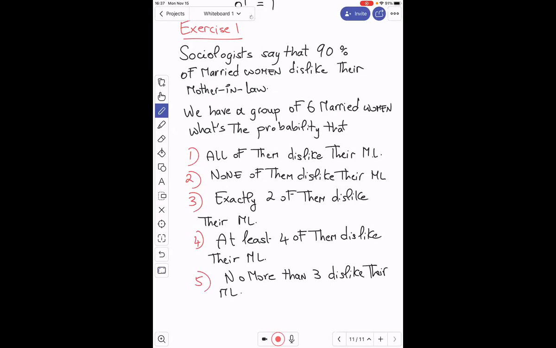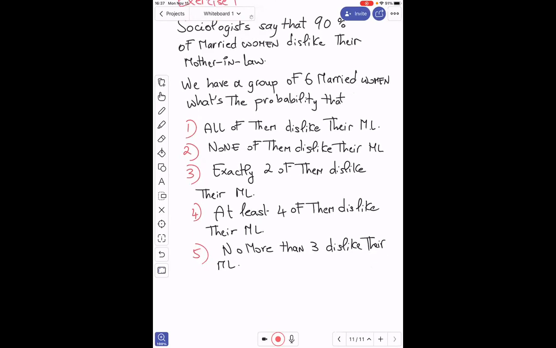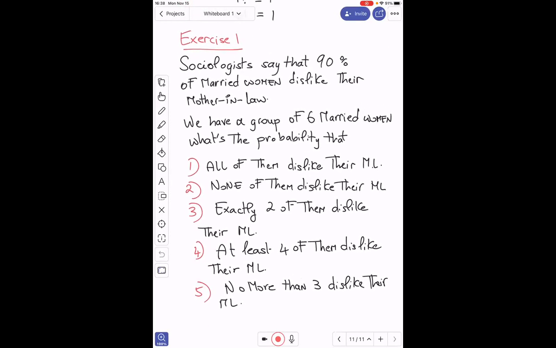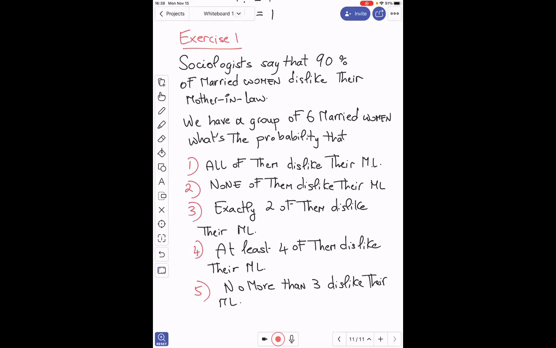Okay. So yeah. So let's find. Let's answer this exercise together. So first, number 1. Well, before the number 1, we need to understand that this is a binomial experiment. Remember what we said for binomial experiment.